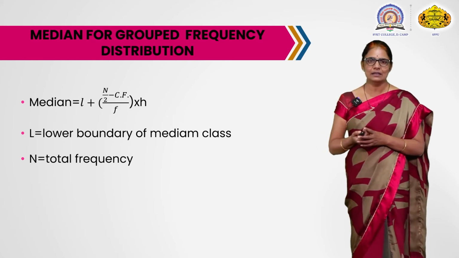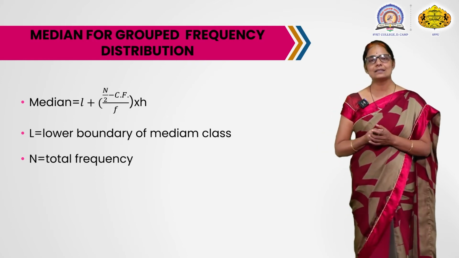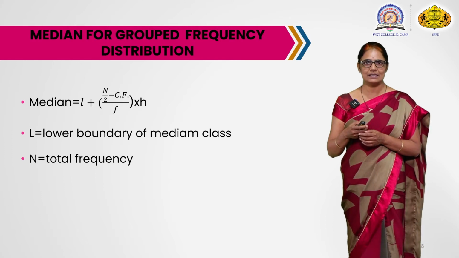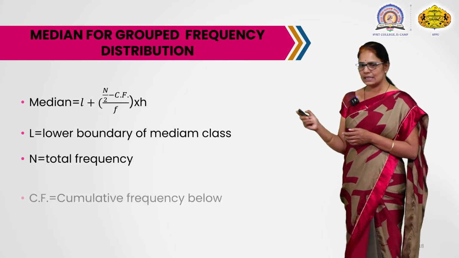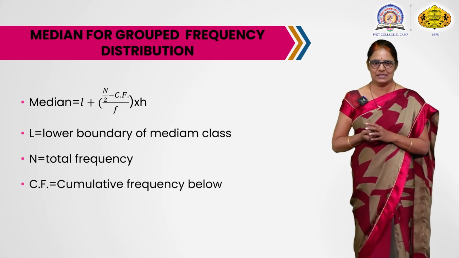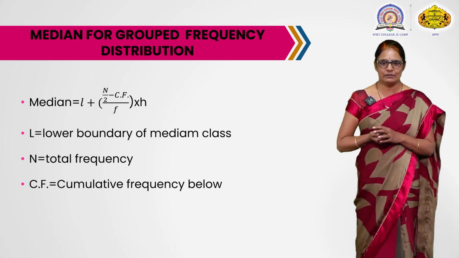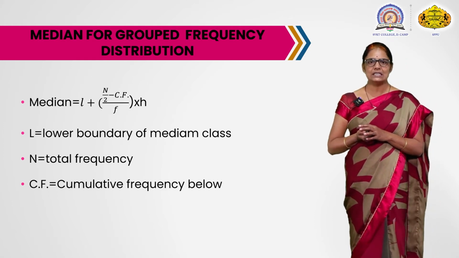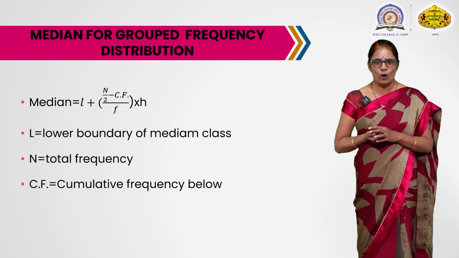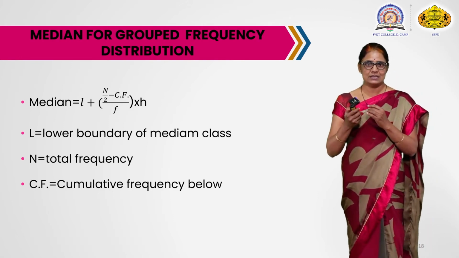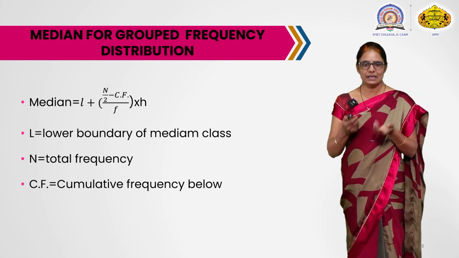Then next one is N. As usual, we know that N is the total number of frequencies, or total frequency. Next is the cumulative frequency. CF denotes the cumulative frequency below, that is, the cumulative frequency of the class previous to the median class.